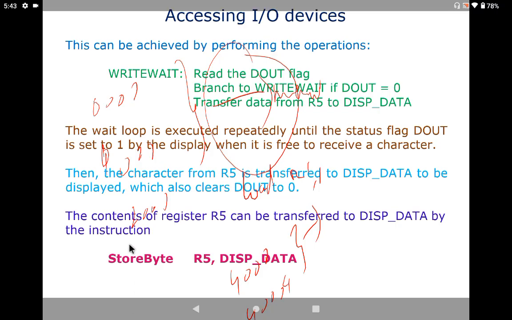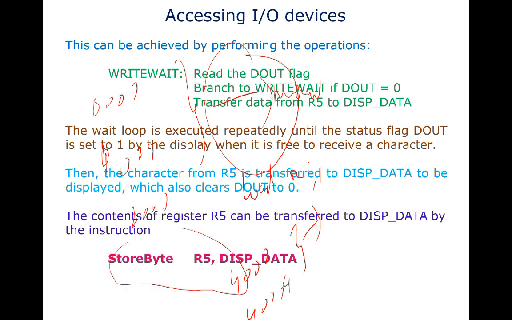have an idea about is this instruction, store byte R5 comma display data. Here R5 represents some hexadecimal value.